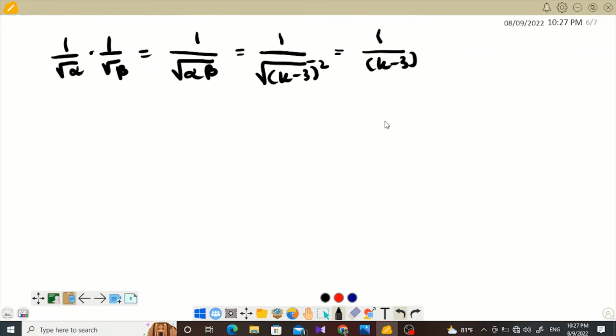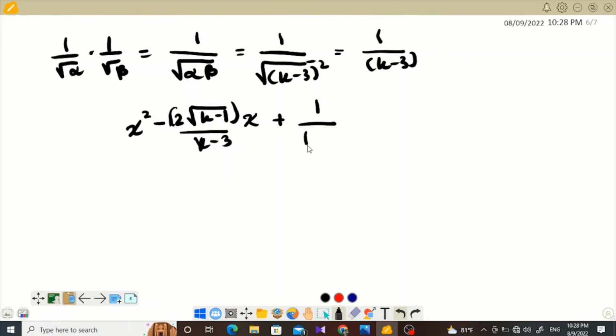Now I am going to substitute these values. For the sum of roots I get 2 square root of k minus 1 divided by k minus 3, times x, plus the product of roots 1 over k minus 3, equals 0.